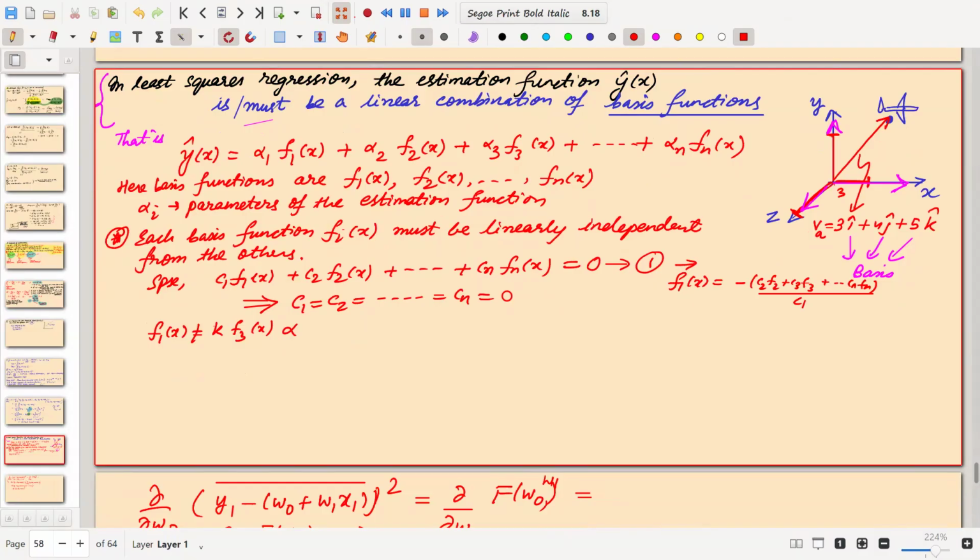But linear independence doesn't mean that. Linear independence means you cannot write it in terms of others. So therefore, it will force all the constants to be 0. In that way only you can prevent that from happening. If you set the ci's to be 0, in that way only you can prevent one function being written in terms of others. You got the logic? Okay, you got the logic, right?